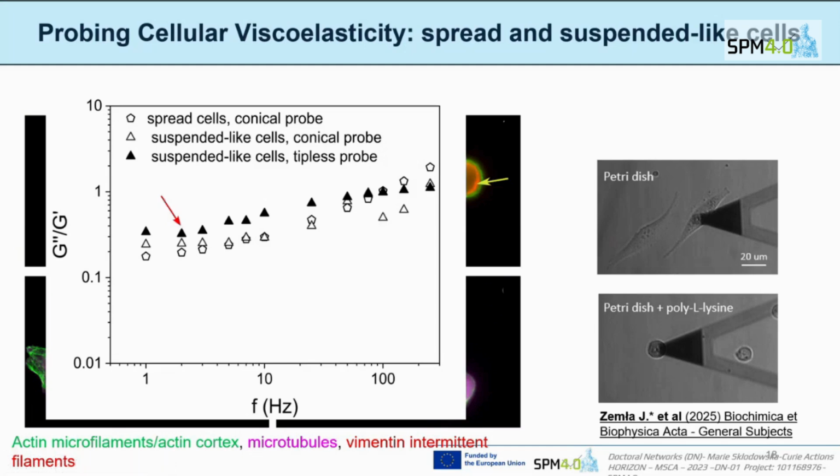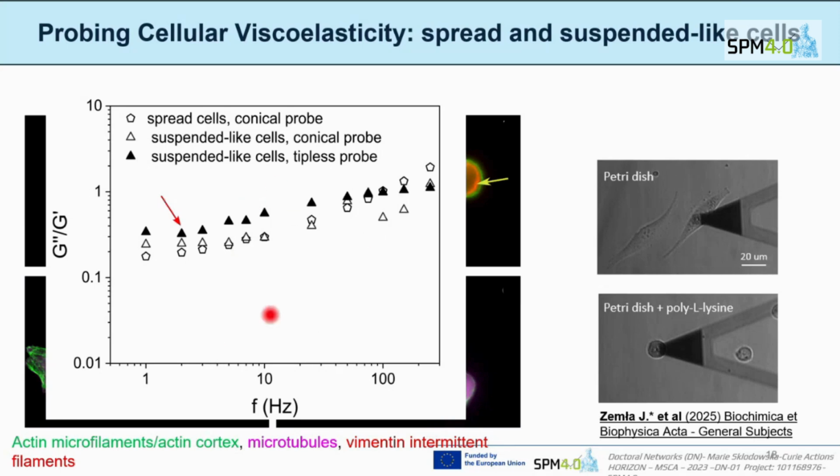The cells were probed with different probe types. So we used conical and tipless probe. Regardless of whether it was tipless or conical probe, suspended-like cells behave more viscous-like compared to the spread ones, which is quite obvious.